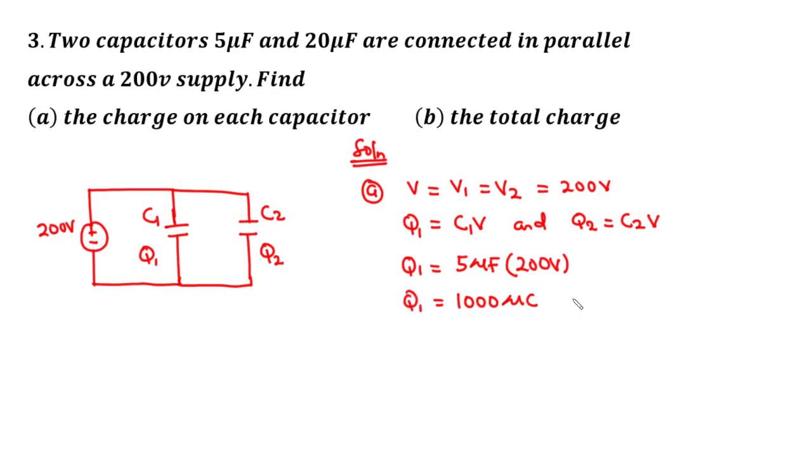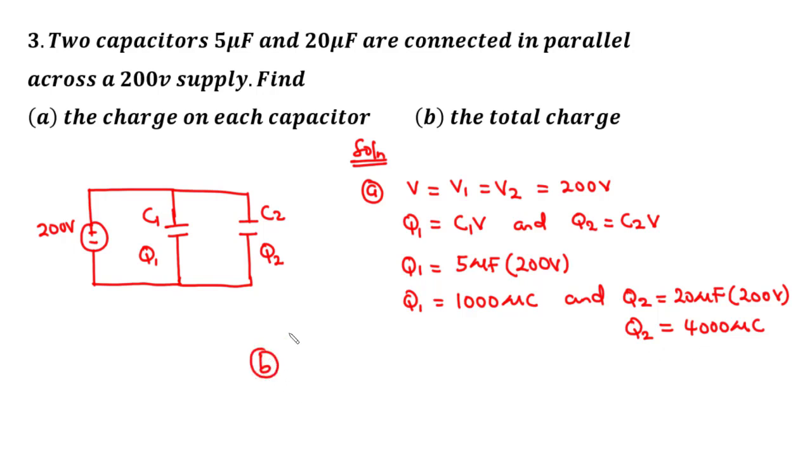And for Q2 we have 20 microfarads times 200 volts, and that is equal to 20 times 200, that is 4000 microcoulomb, that is Q2. So this is the charge on C1, and this is the charge on C2.